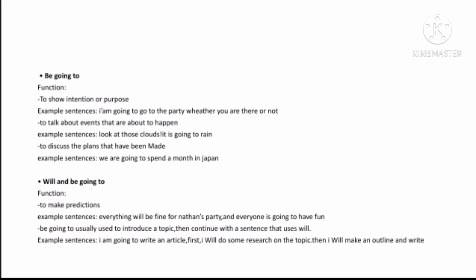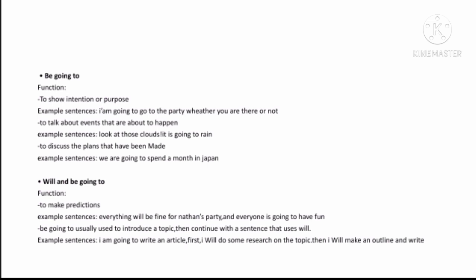Will and be going to. Function: A. To make a prediction. Example sentence: Everything will be fine for Nathan's party, and everyone is going to have fun.